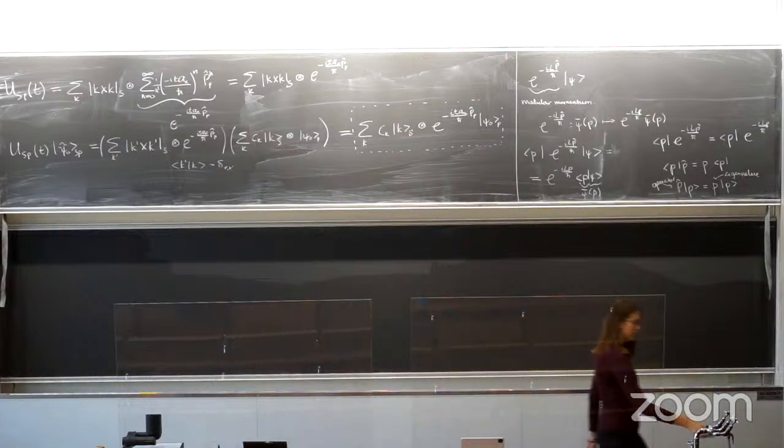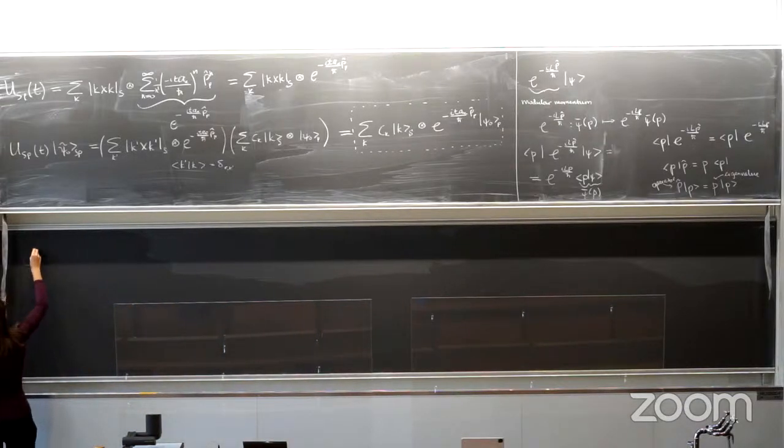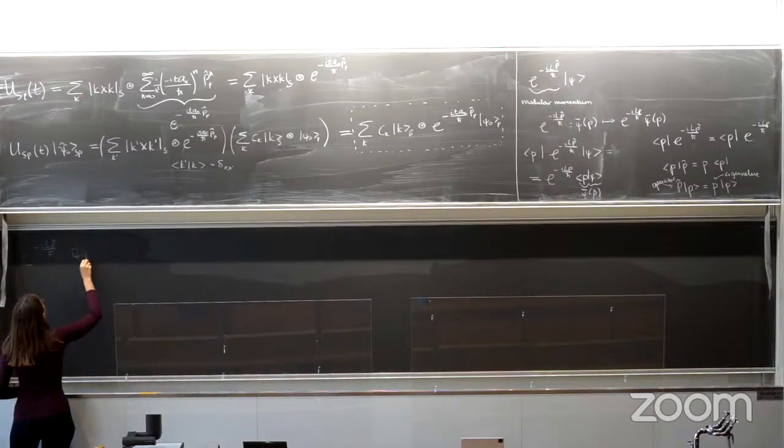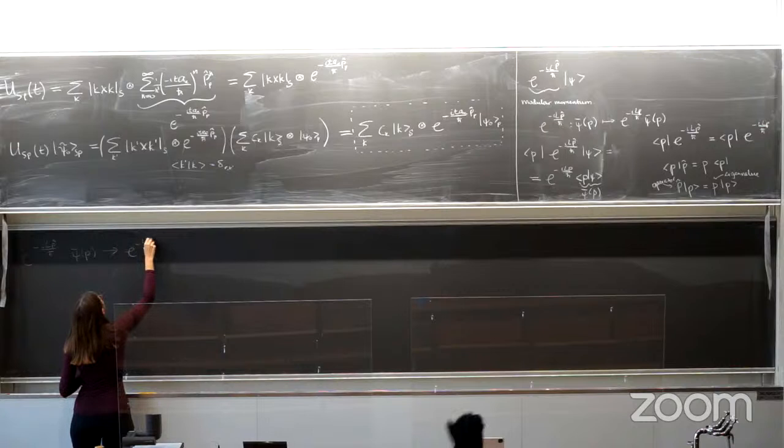Okay, so what we know is that e to the power minus i L P over h bar maps psi bar of p to e to the power minus i L p over h bar psi bar of p.